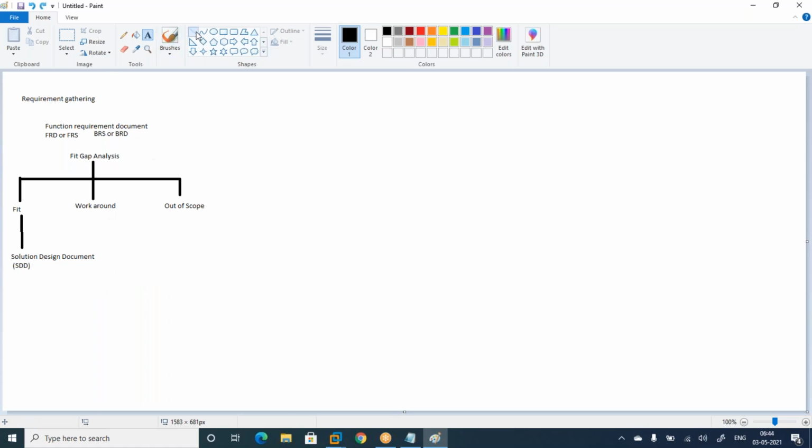There are four parts. One is fit, meaning direct fit and workaround solution.